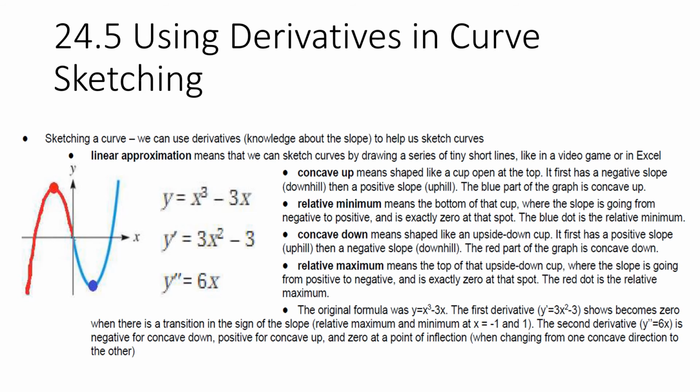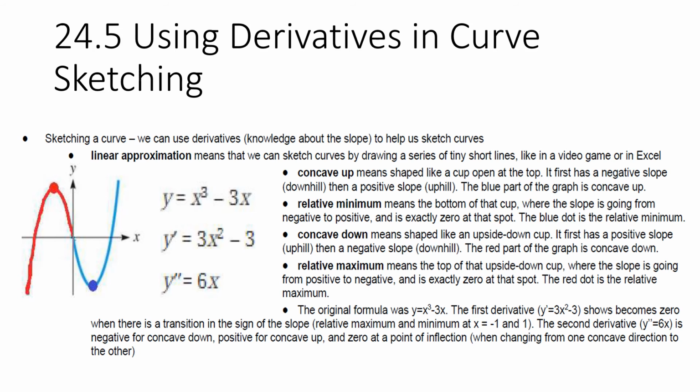Because y prime, isn't that the slope of the curve? So in that mountain part of the curve, the red part, you can see that on one side of the maximum, it's going uphill, and on the other side of the maximum, it's going downhill. So at the very top of the mountain is the only spot where the derivative will be equal to 0. It's neither going uphill nor down, it's kind of flat.